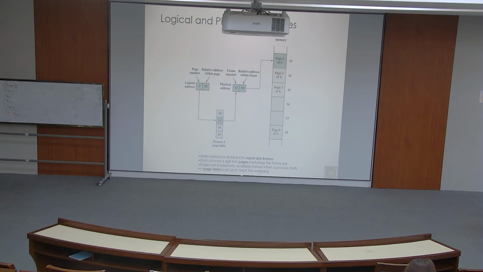Now, it is very important to know that the system needs to do logical and physical address translation. With the page number and the relative address within the page, which we also call the offset, we have the logical address.